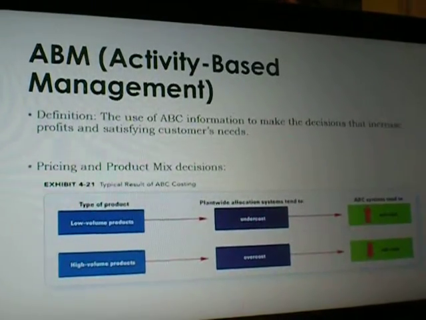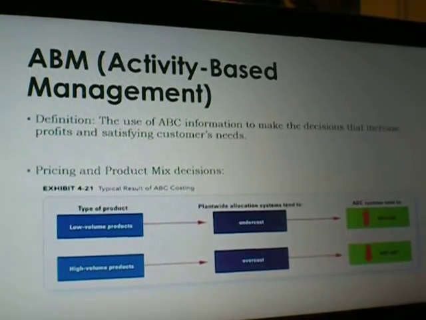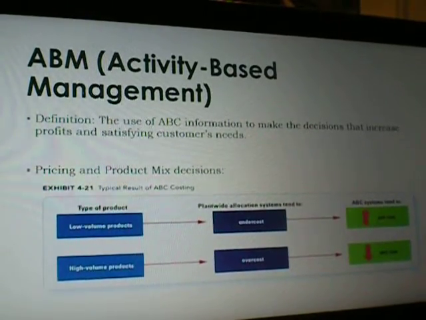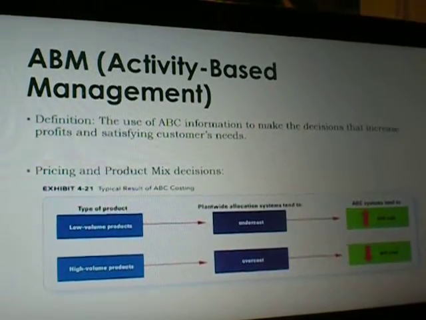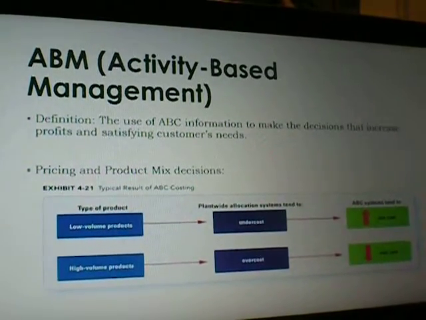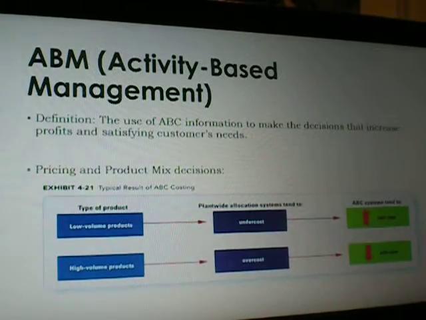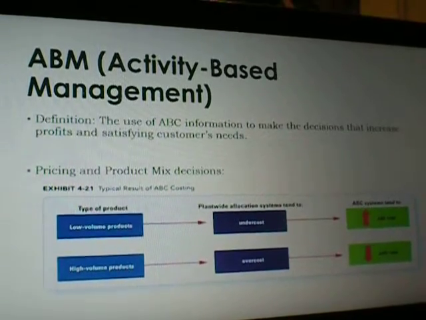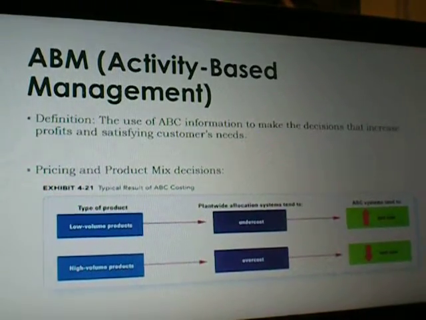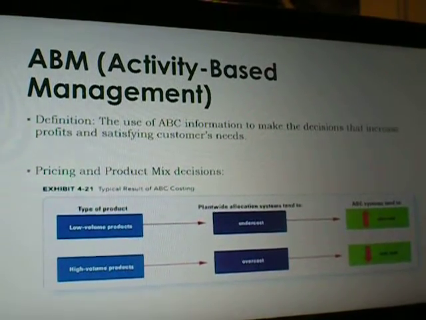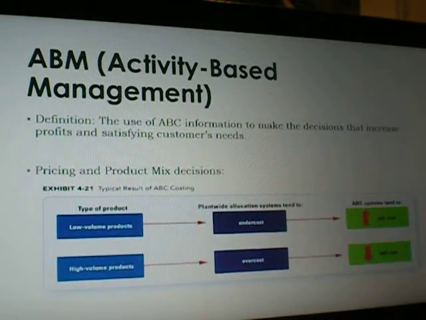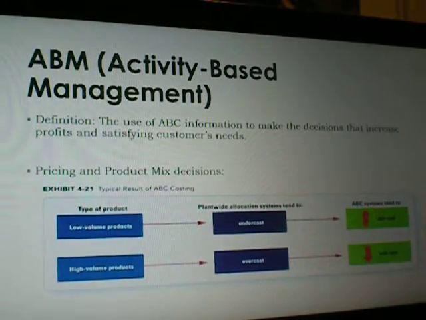So basically what it is showing is that the plant-wide allocation systems tend to overcost low-volume products, and if you use an ABC system, they tend to bring up the unit cost because they assign the cost by the activities and the extent of how long they're used. And then the plant-wide allocation system also tends to overcost high-volume products. What the ABC system would tend to do is bring the unit cost down.